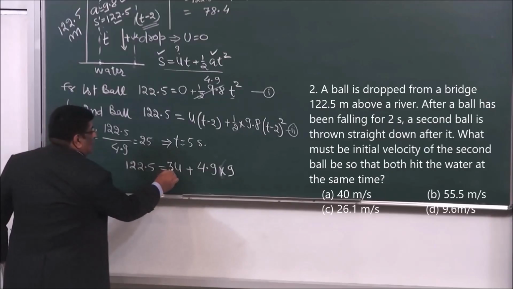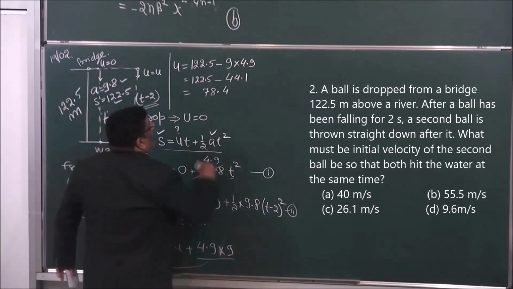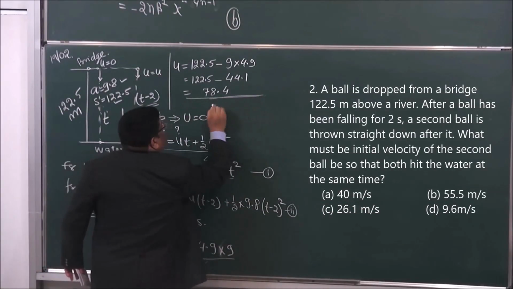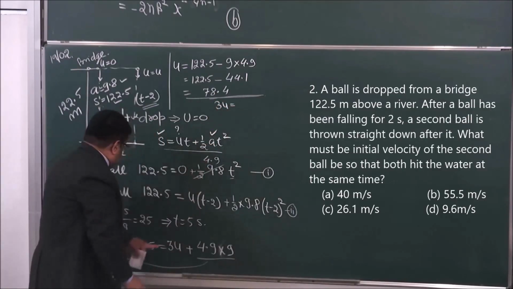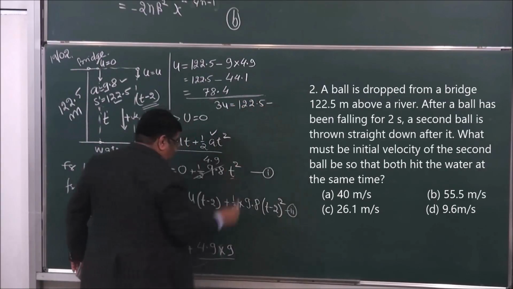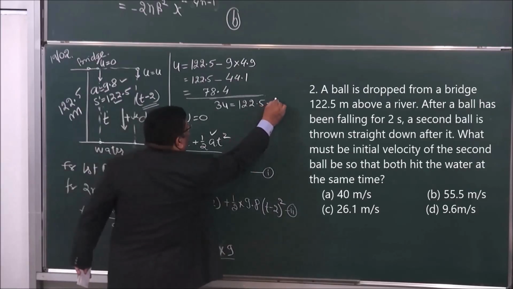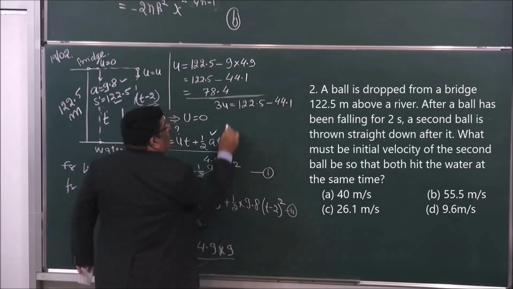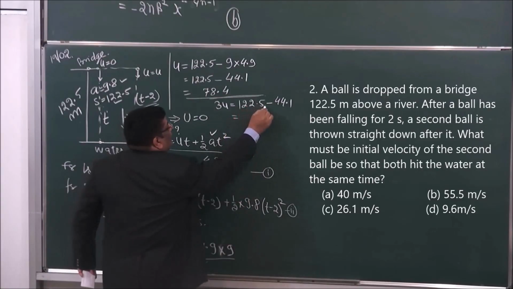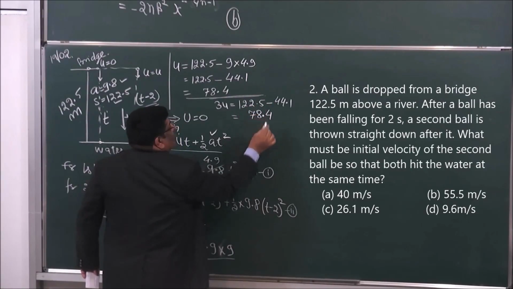Okay, so 3u is equal to, we transfer this here, 122.5 minus, let us multiply this, 44.1. So 122.5 minus 44.1 is 78.4.